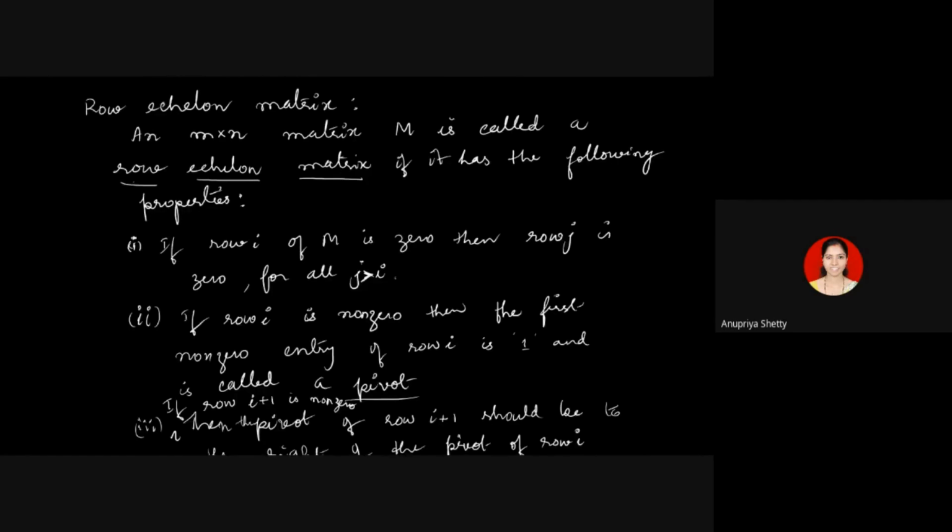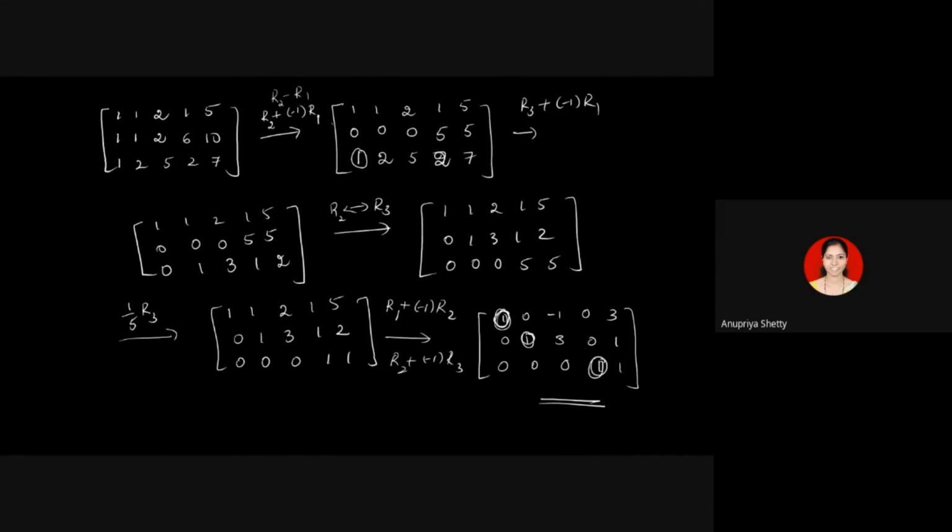Whenever we apply a row operation, just to see that everybody will come down to the same matrix, we will take the row echelon matrix as the standard. If you apply row operations in any order, instead of making the second row entry 0, you might have first reduced these row entries to 0, or you might have applied the operation on R3 first. Here I have applied the operation on R2 first.